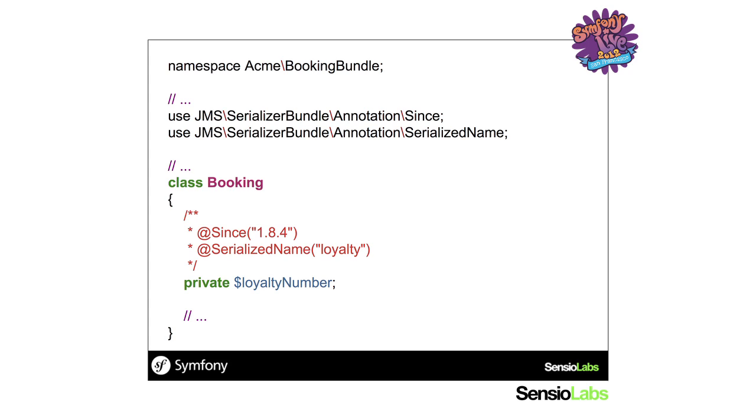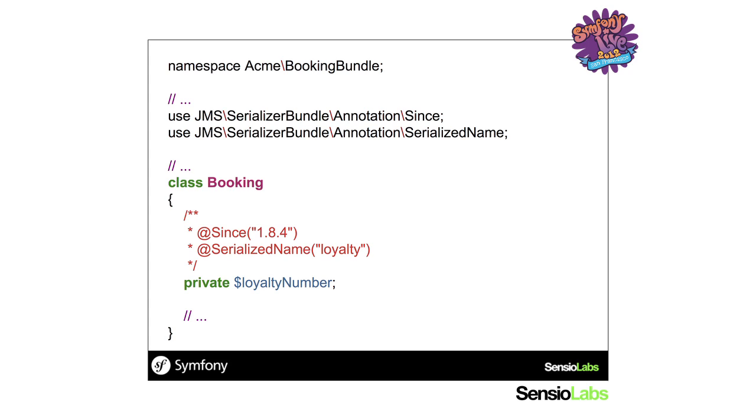And as you can see, there's an annotation which is @SerializedName, which means I want the name of this property to be loyalty instead of loyalty number. So when I serialize the object, it will be loyalty instead of loyalty number.